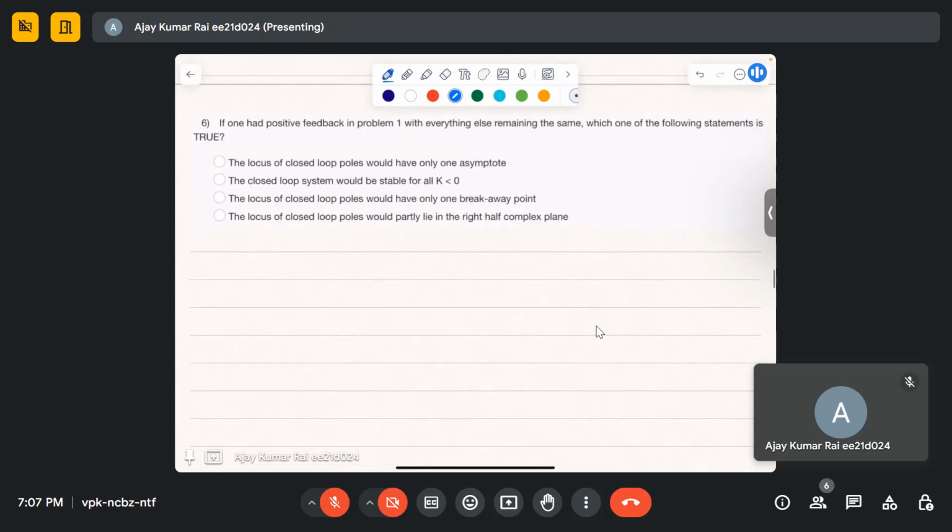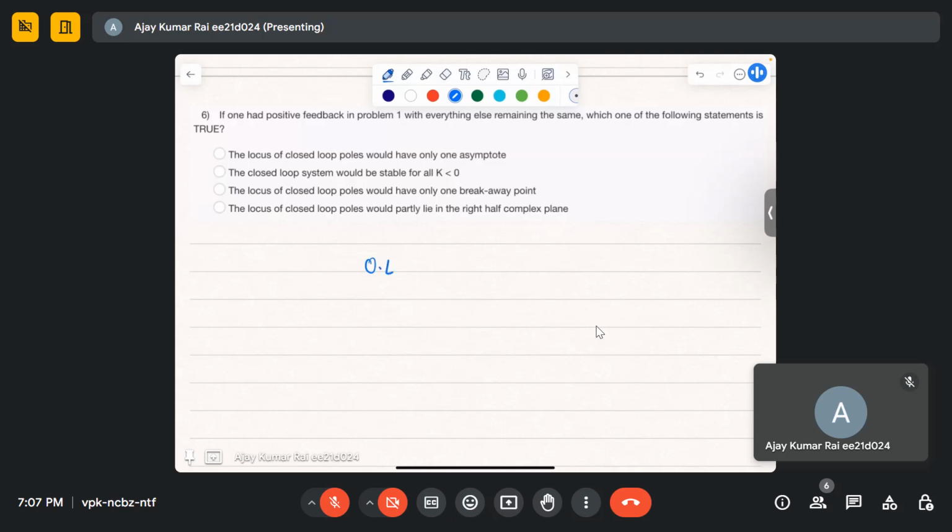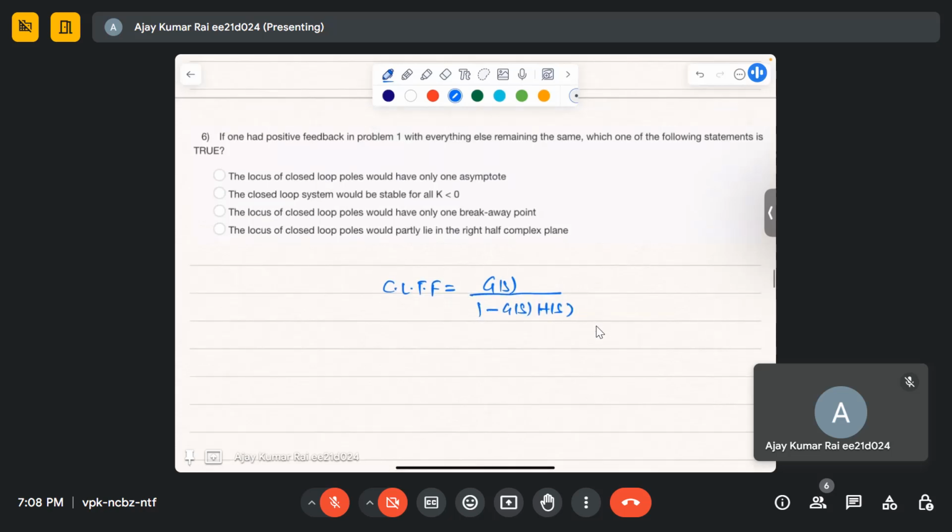How will the transfer function look? This is the closed loop transfer function: k over 1 minus G(s)H(s), because of positive feedback, and still k is non-positive, which is negative. So this is now the closed loop transfer function. Which one of the following statements is true?